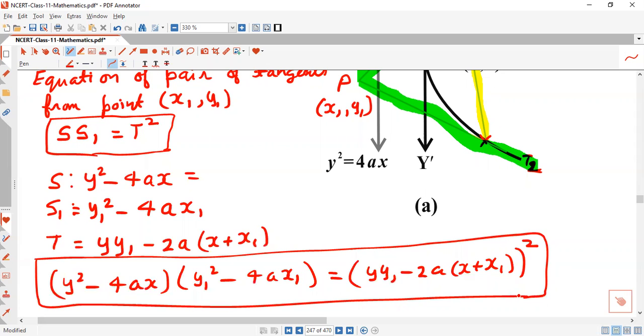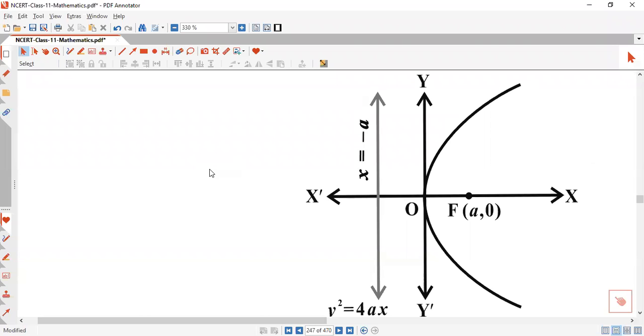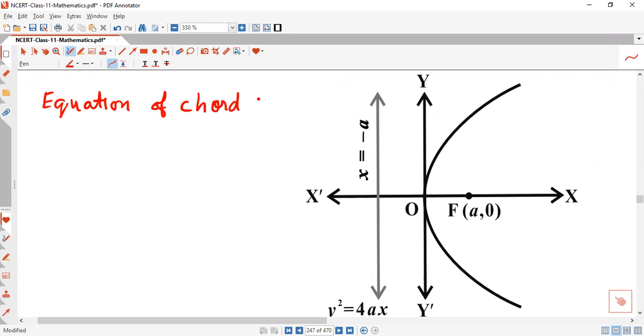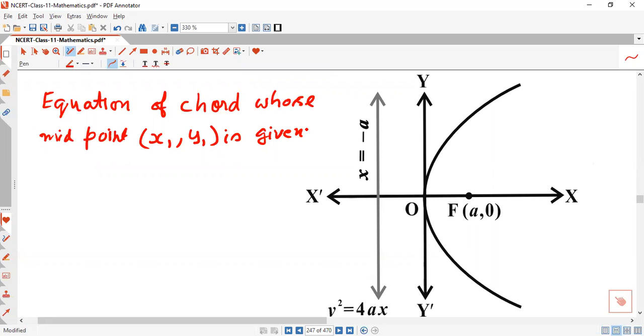Now we want to write down the equation of the chord whose midpoint x1 comma y1 is given to us. Let's see what this means.